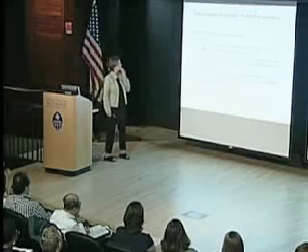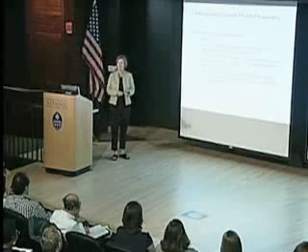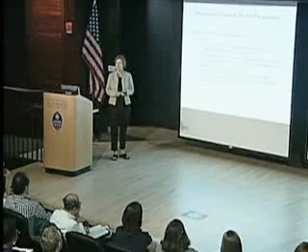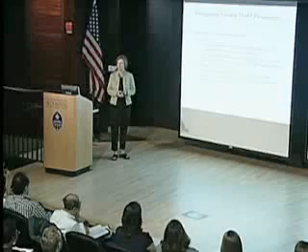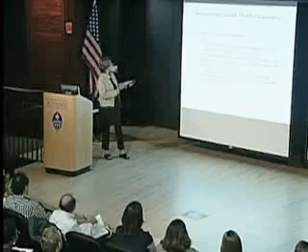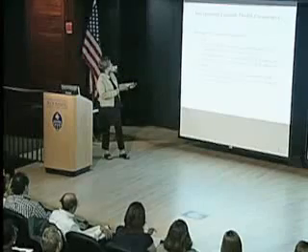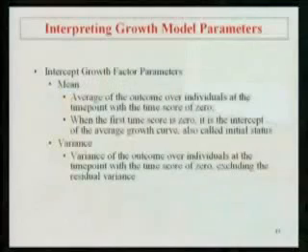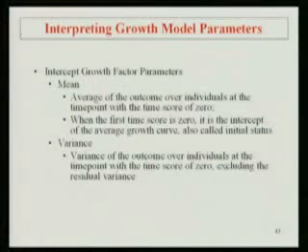Now I think it's important for us to think about what the parameters of this model are and what they actually mean. So I've broken this up. So here are the parameters for the intercept growth factor, and then for the slope growth factor. So we're going to talk about the parameters for each and what they mean.